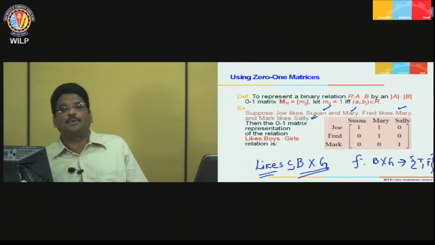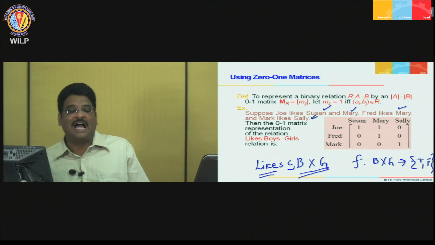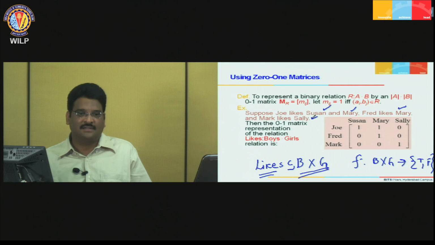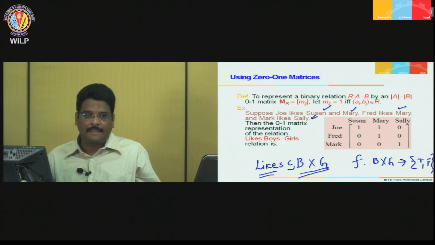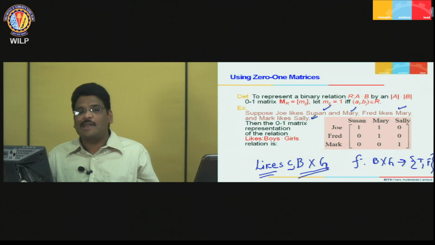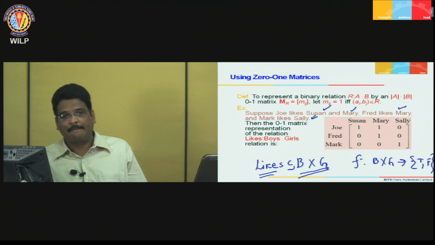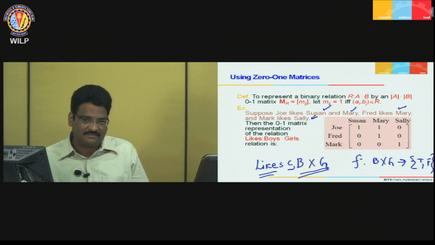For all other tuples in B cross G I give the value false. So the relation is equivalently represented by this function, isn't it? In fact, another way of looking at it is that a relation can be represented by a nice function.